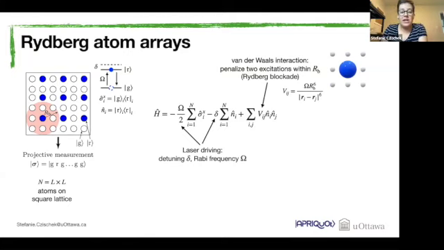And basically the best way to describe this interaction term is in terms of the so-called Rydberg blockade. So we can define a radius, and within this radius around an excited atom, any other excitation would be penalized. This is illustrated here on the left. We have one atom in the excited state, and then in red we have the sphere with the Rydberg radius, and any other excitation within the sphere would be penalized, which is why all the other atoms are in the ground state here.